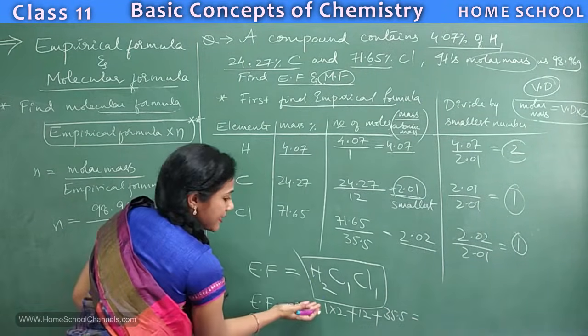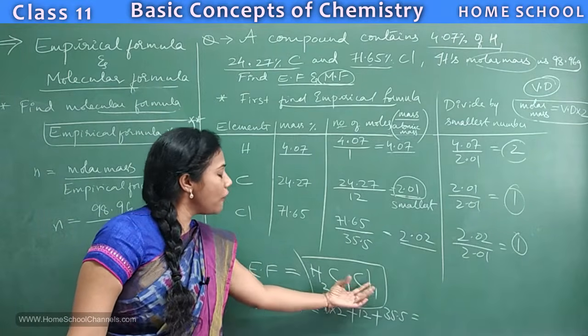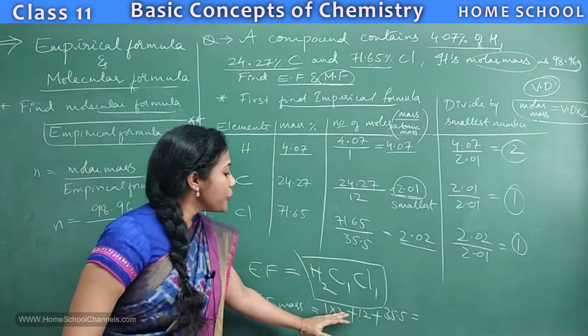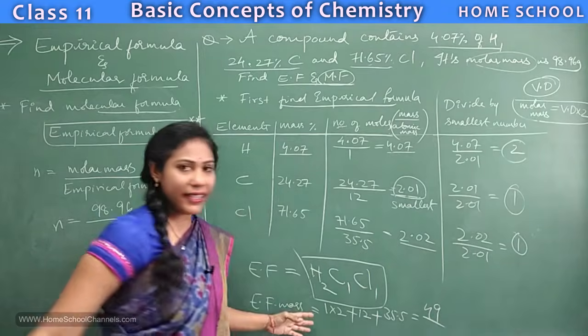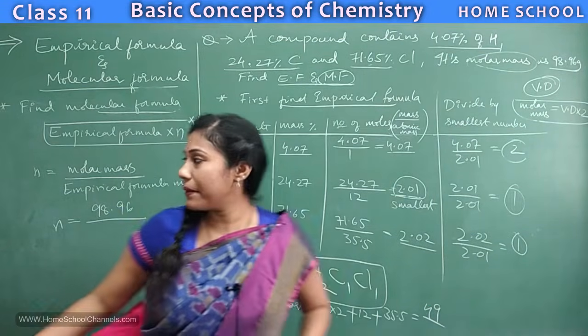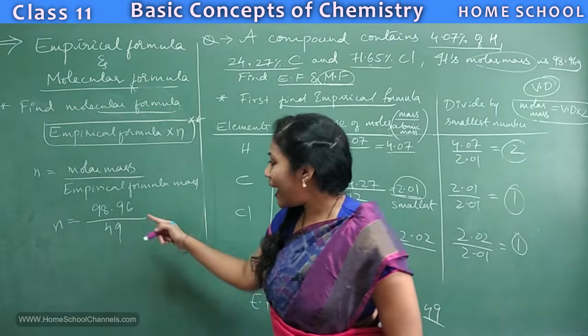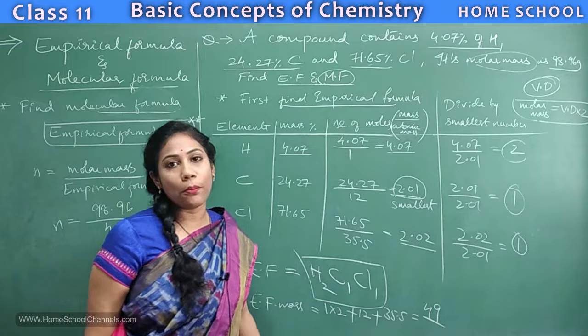This is what you have to add. Atomic masses of the different elements you must add here. You will get around 49 point something. That one you have to substitute here. So that is your empirical formula mass.